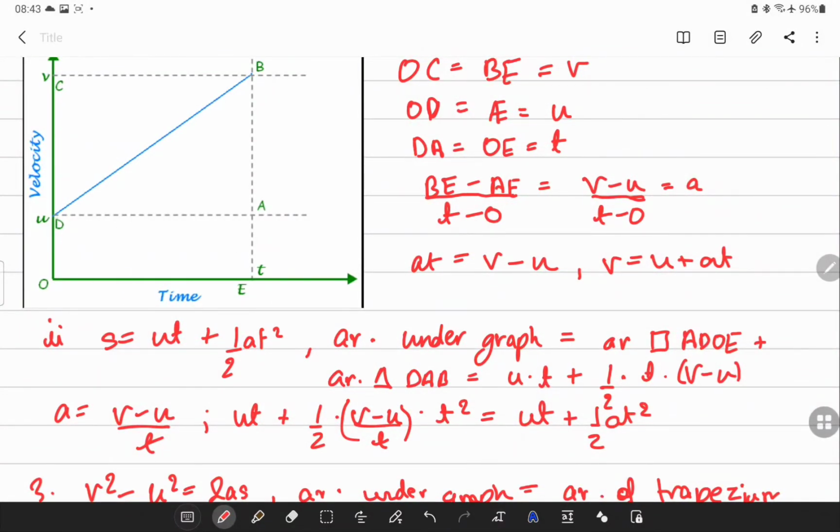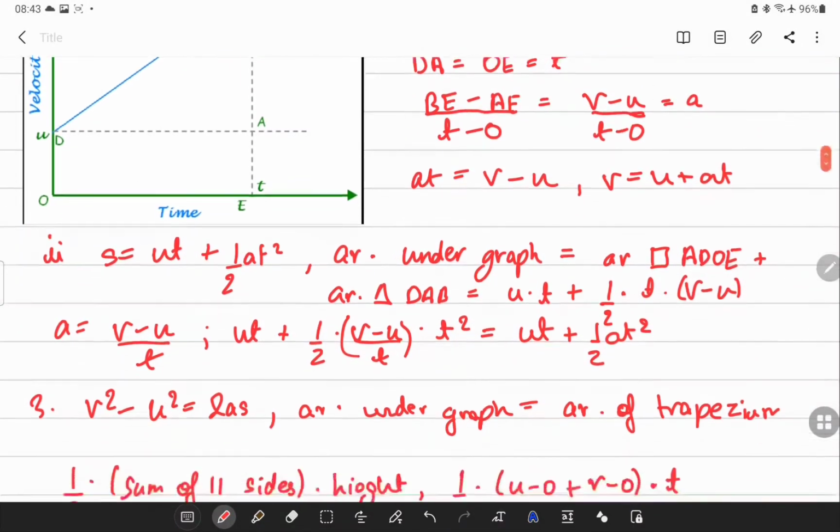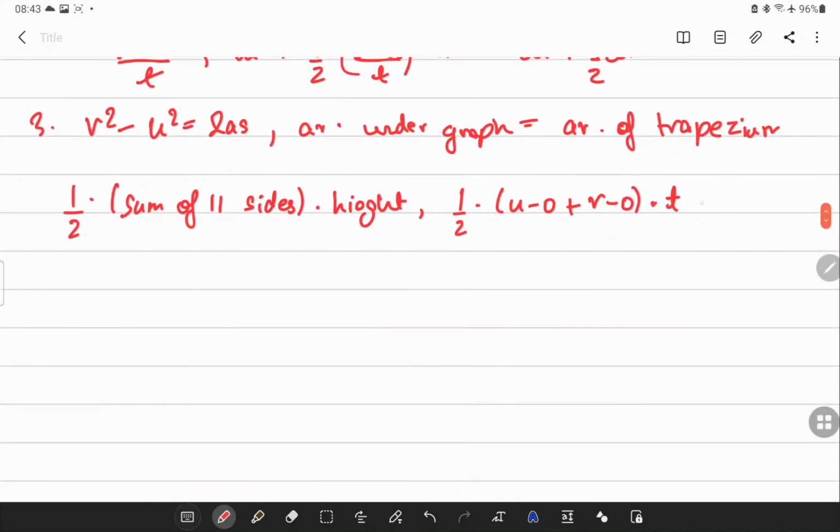So s is equal to half into (u plus v) into t. So 2s is equal to (u plus v) into t.